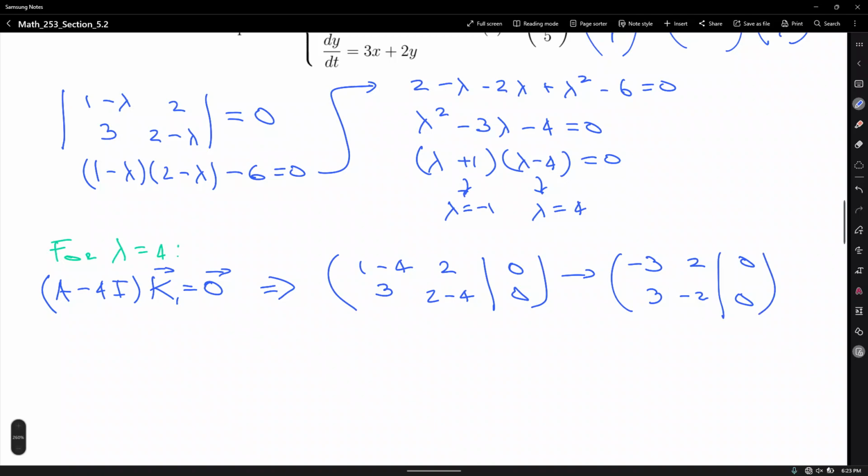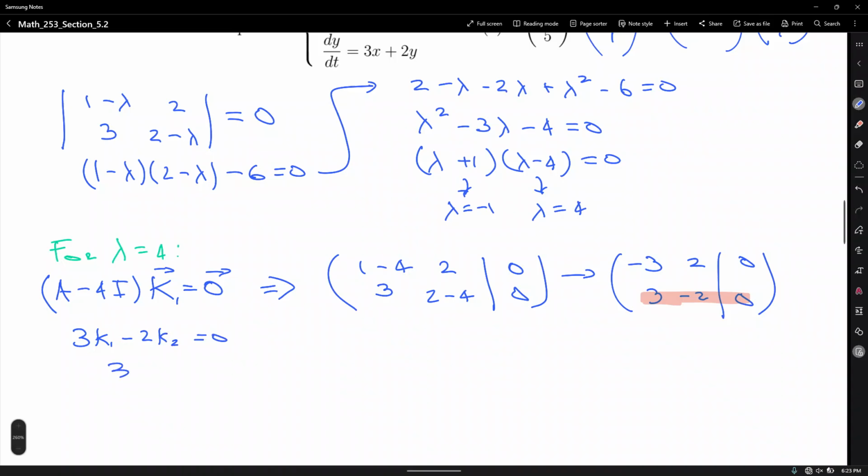Can you tell that these two rows are multiples of each other? Don't even bother reducing the matrix. Just grab your favorite row. I'm going to grab the second row, and that'll be 3k1 minus 2k2 equals 0. I'm going to solve for k1 because I want to have everything positive.